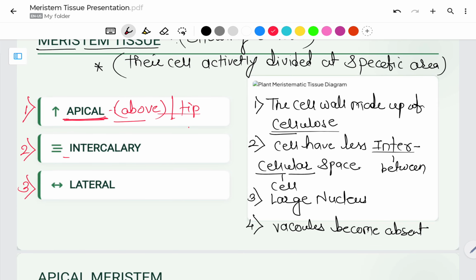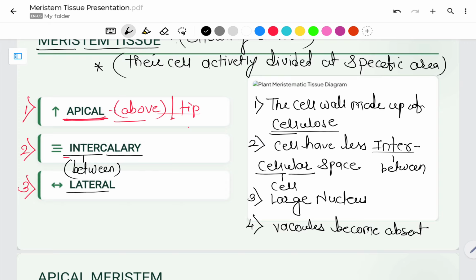What is the meaning of inter? Between. The tissue which occurs between the apical and lateral meristem is the intercalary meristem.